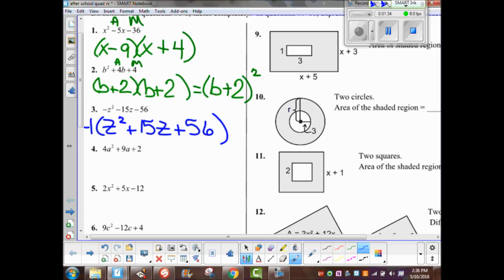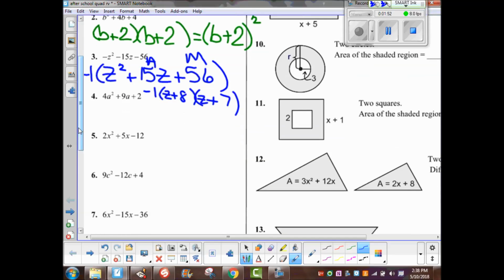Don't forget about your GCF there, -1, and now I'm still thinking add multiply. So I'm going to go with +8 and +7. That's going to be my final answer for number 3. Number 4, I've got a leading coefficient here of 4.